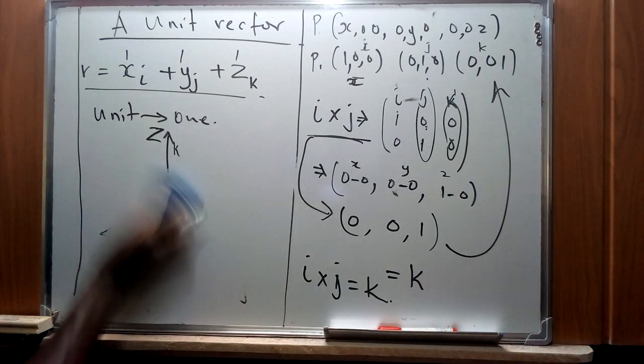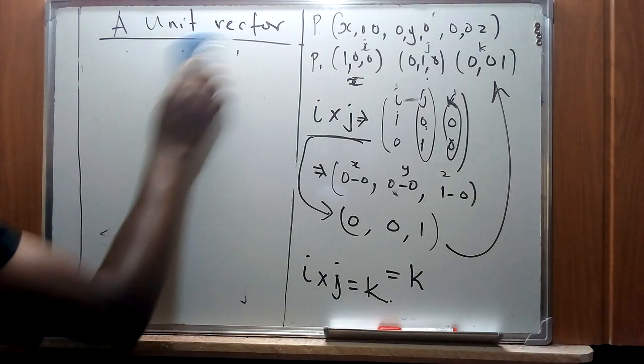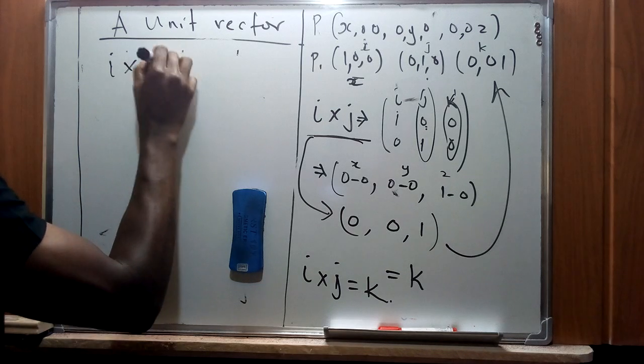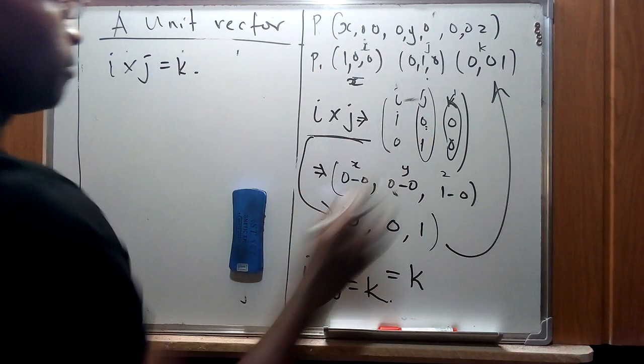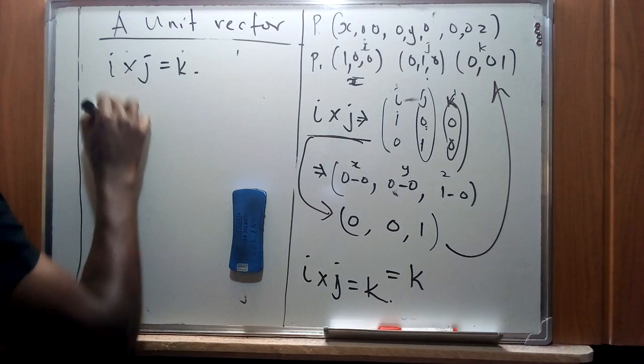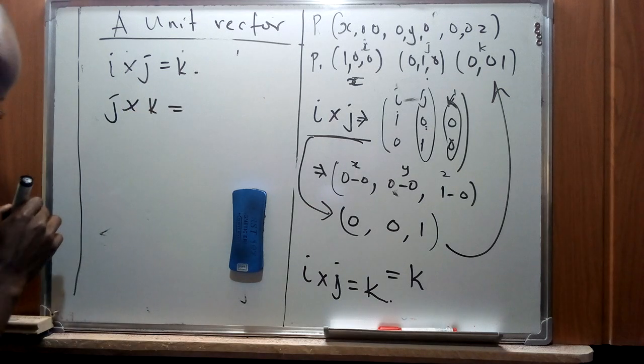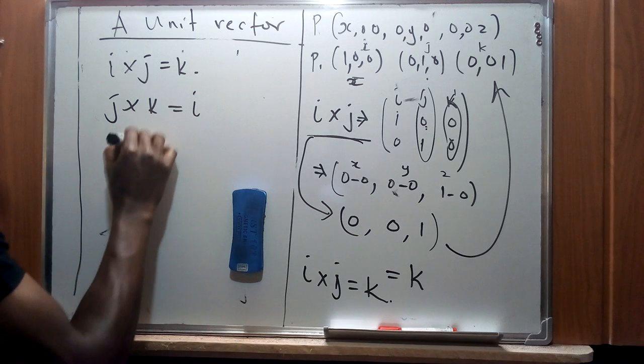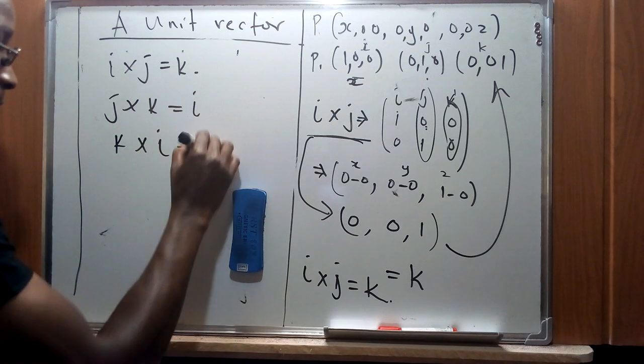Following the same format, j cross k is going to give us i, and then k cross i is going to give us j.